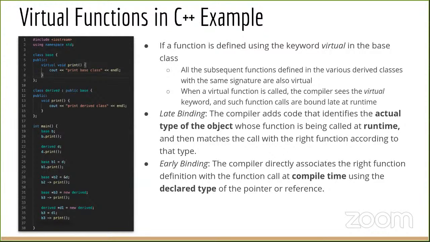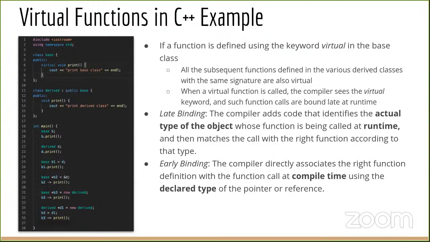Then the next thing is, when a virtual function is called, the compiler sees the virtual keyword, and such functions are bound late at runtime. Unlike in the previous slide, where all the function calls were bound to the correct function definitions at compile time, here in the case of virtual functions, late binding or runtime binding is done.